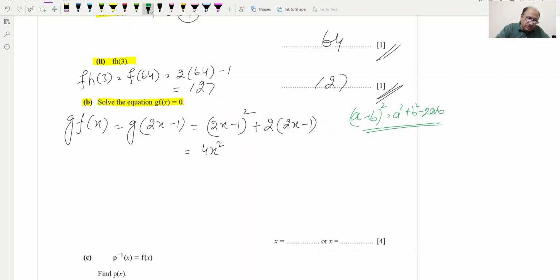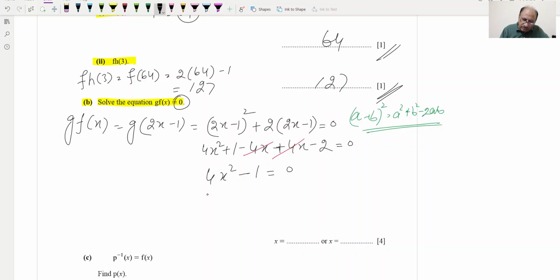So it will be 4x squared plus 1 minus 4x, and if we multiply the other section it will be plus 4x minus 2. Plus 4x and minus 4x will cancel, and the remaining portion will be 4x squared minus 1, and this is equal to 0, which they have already provided.